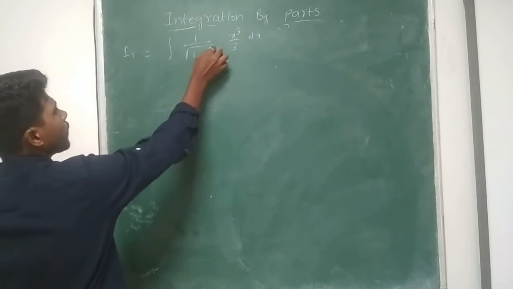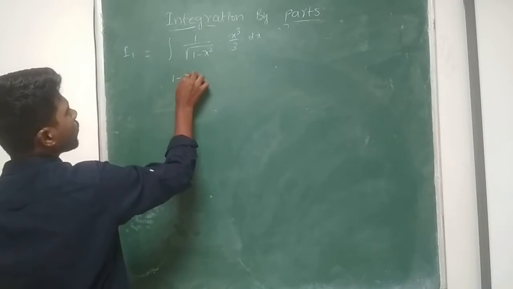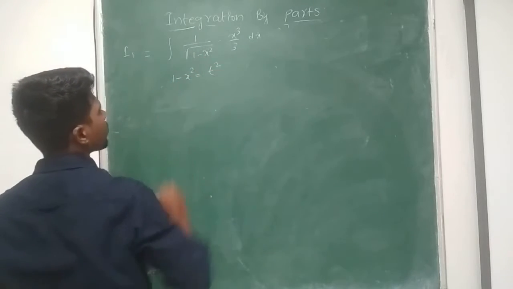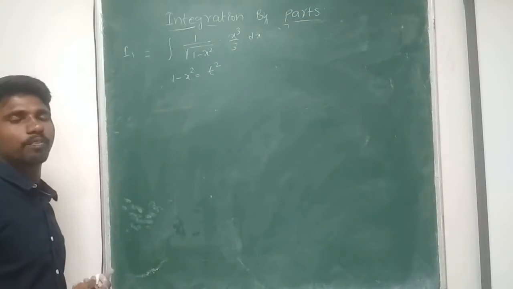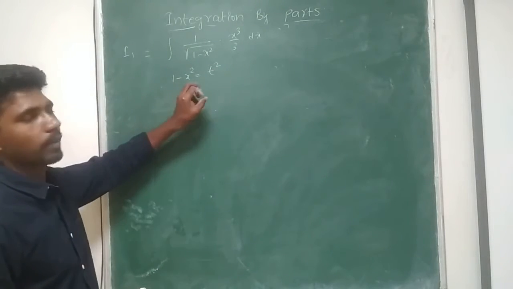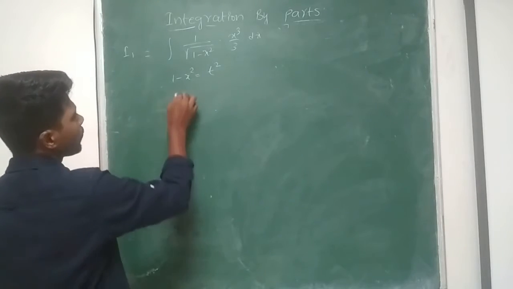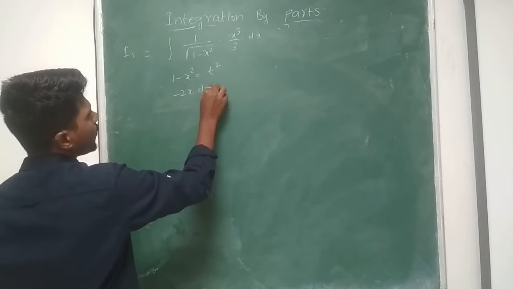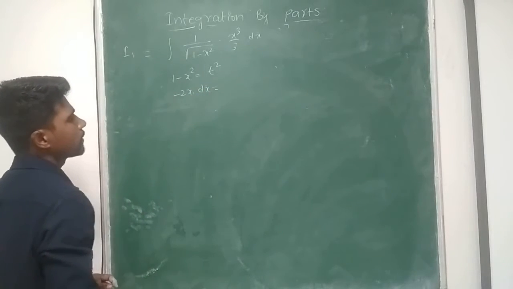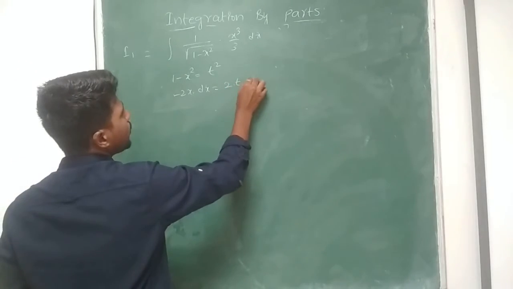So in the denominator I have a root, so to eliminate this I am taking 1 minus x square as t square. If I take t, I get in terms of roots, so I want to avoid it, that's why I am taking 1 minus x square as t square. So if I consider 1 minus x square as t square, minus 2x into dx can be replaced as 2 into t into dt.